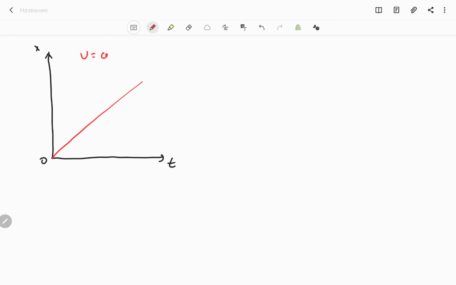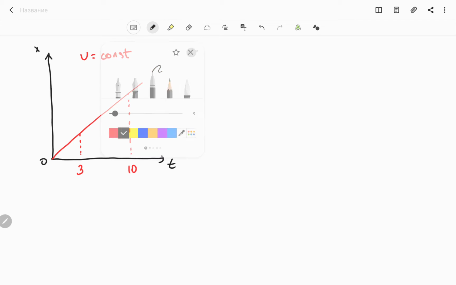So velocity is constant here. We call it uniform motion. So what is the instantaneous velocity, for example, at 10 seconds? And what is instantaneous velocity at, for example, 3 seconds? Since this is a uniform motion, velocity at all times is equal. So instantaneous velocity is the same at 3 seconds and also at 10 seconds.